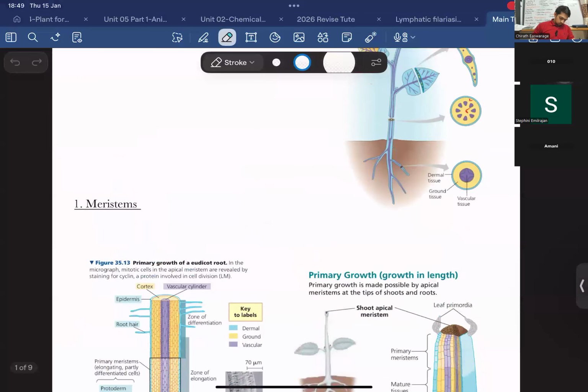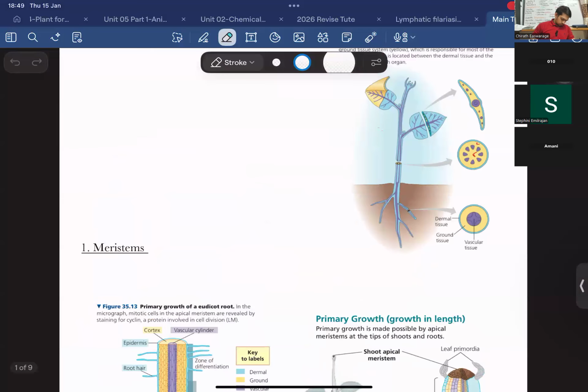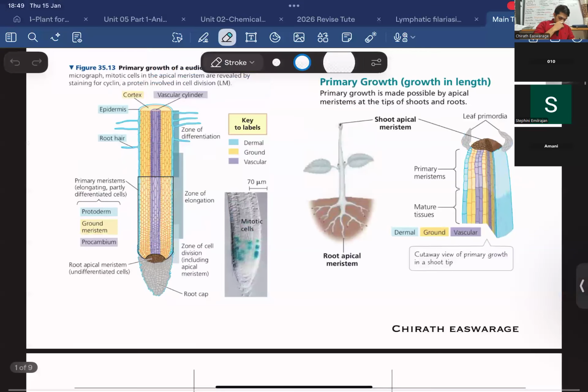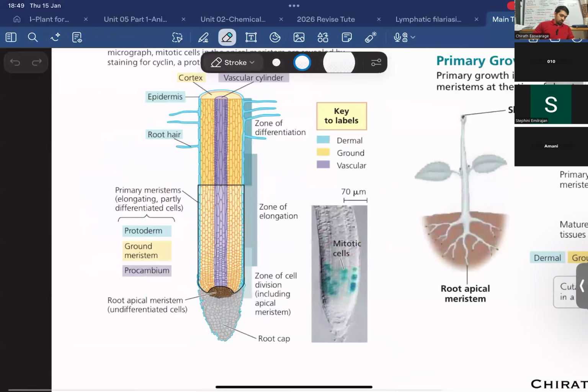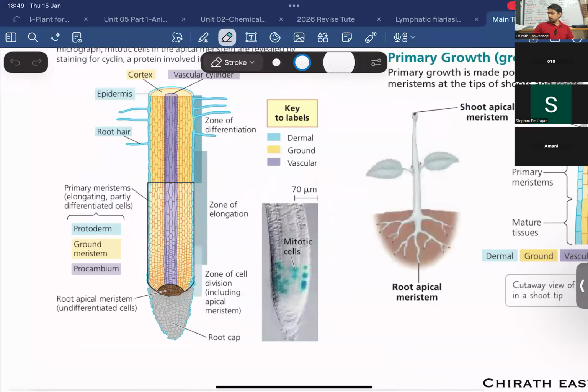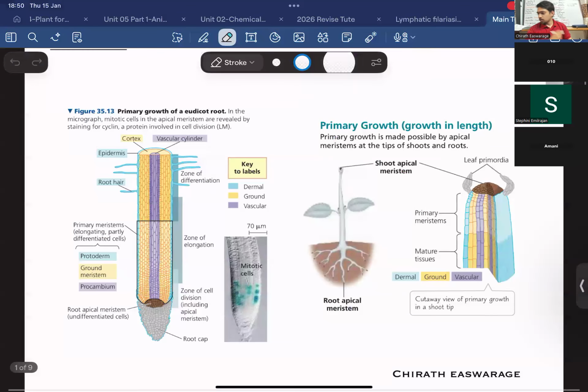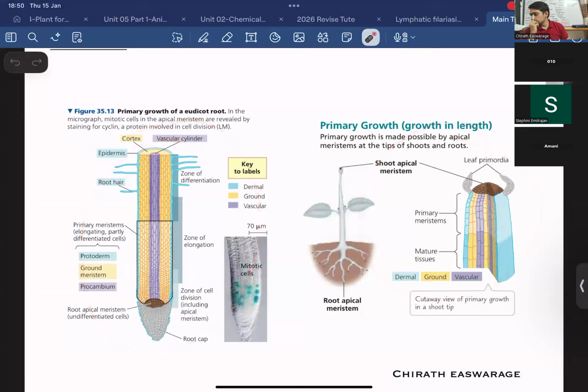Actually, you can only see one type that is going to increase the length of the plant. Those are apical meristems. There are 2 types: the shoot apical meristem that is going to increase your shoot length, and the root apical meristem that is going to increase your length of the root. So what are the others?